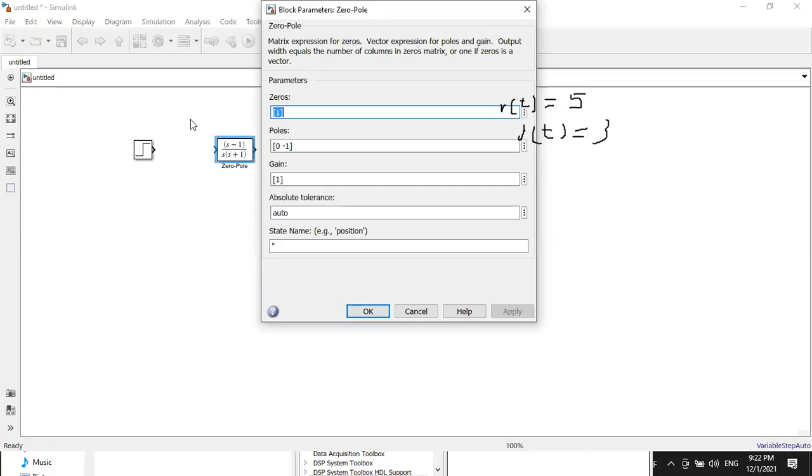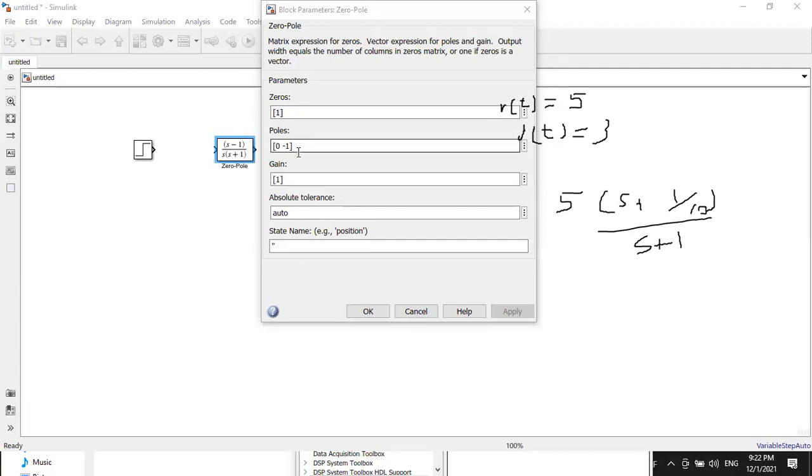If you are planning to build this transfer function 5 times s plus 1 over 10, s plus 1, we can build it.